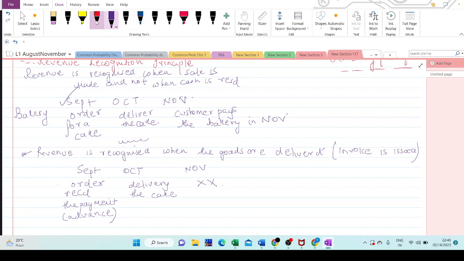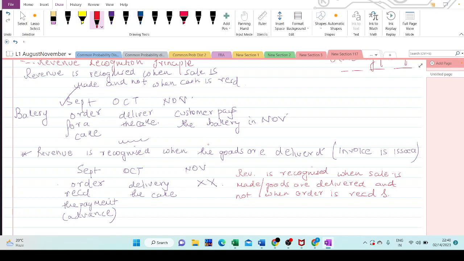Please write this down. They ask this in the exam. Revenue is recognized when the sale is made, that is when goods are delivered, and not when the order is received, and not when payment is received, right?